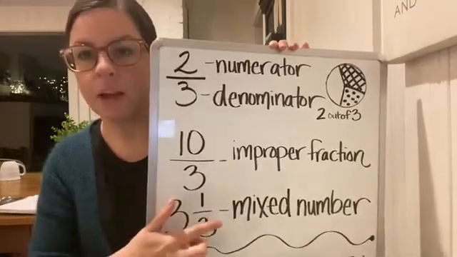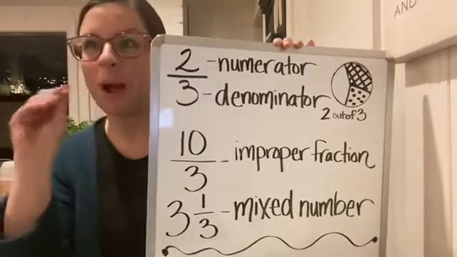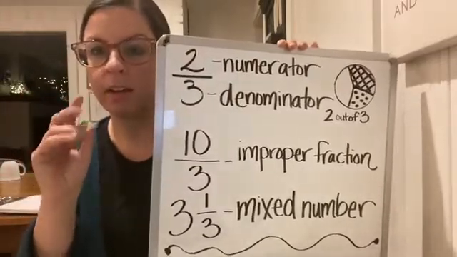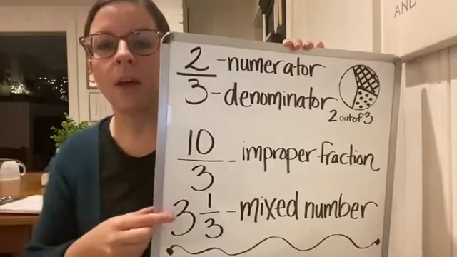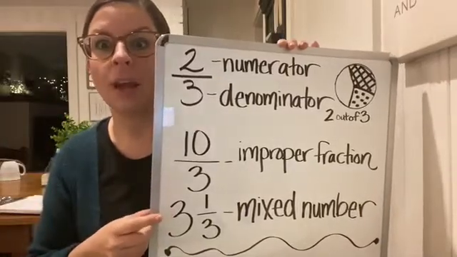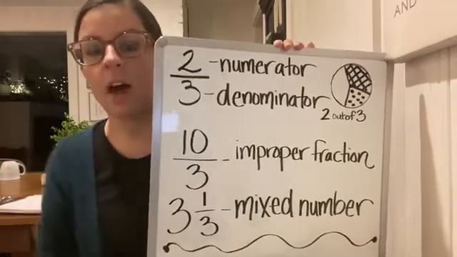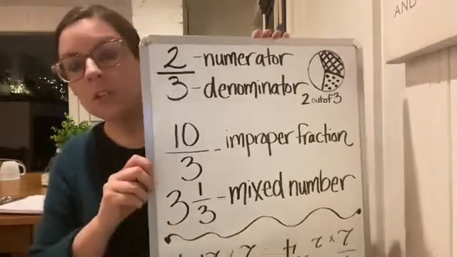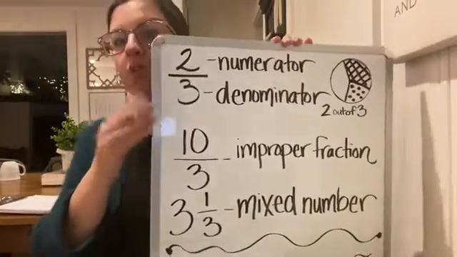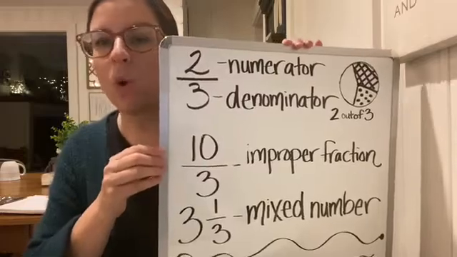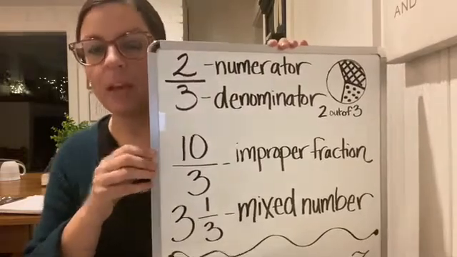And a mixed number, remember that was probably our last lesson before we left. We were doing mixed numbers on a number line. So a mixed number has a whole number and then a part of a number or a fraction of a number.